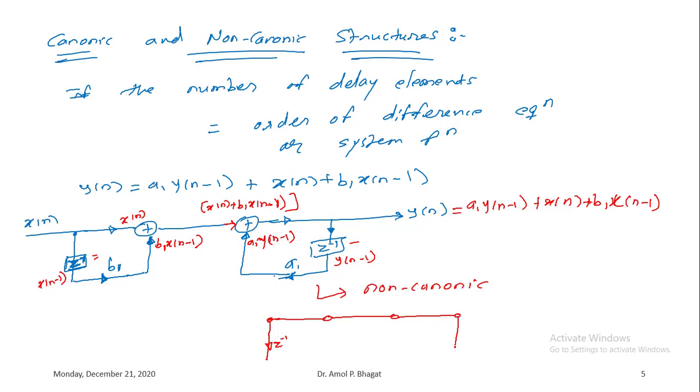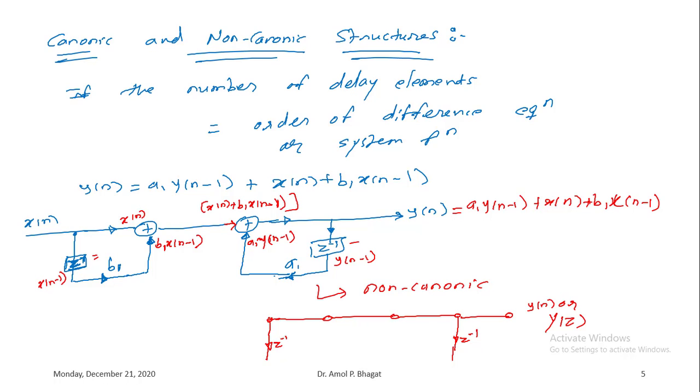Here also a delay branch is there, Z inverse. Here is your output y of n or capital Y of z.